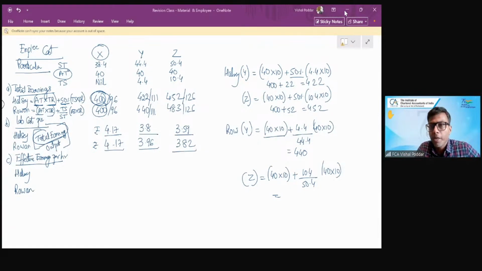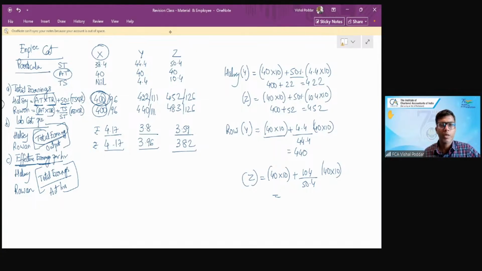Now, let me take you to the next working, which is not asked in this sum, but I have added it just because that may be asked in some other sum. So it is total earnings upon actual hours. Whenever they ask you what is your effective earnings per hour, that will be total earnings upon actual hours.